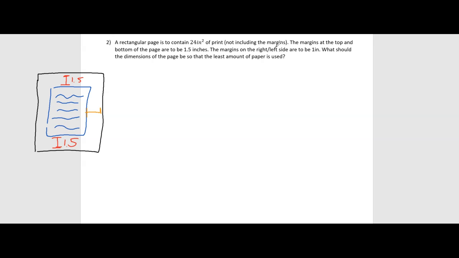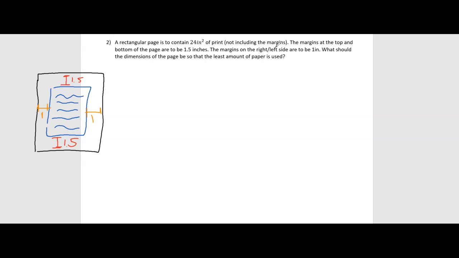And again, not drawn to scale. It's okay as long as we have it labeled correctly. So we need to find the dimensions of the page, and that's the entire page, so that the least amount of paper is used.